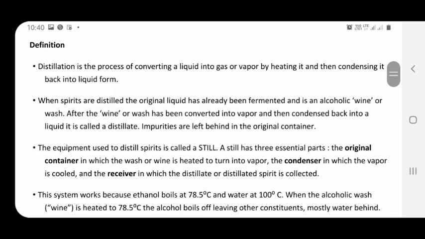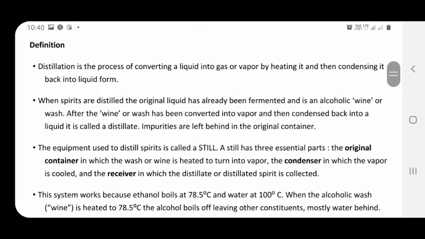Okay, so you have learned what the alcohol steaming temperature should be: 78.5 degrees Celsius or 75 degrees Celsius. So there are the words head, heart, and tails.